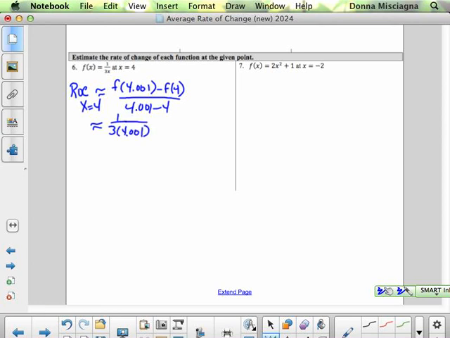That's just the function, right? We'll just plug into that. Minus, and then we'll use a calculator. 1 over 3 times 4, all over 4.001 minus 4 is 0.001. That thing is a 4, not an 11.